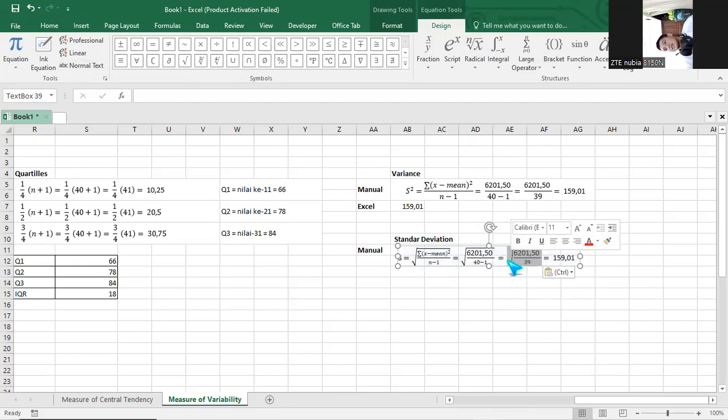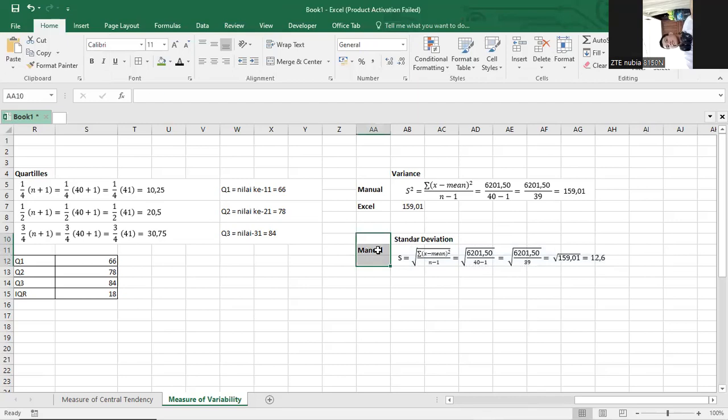And the final result we then take the square root of. To take the square root we can just use the calculator on our phone. The result is 12.6. That's how to find standard deviation in the manual way. And we move to the Excel way.